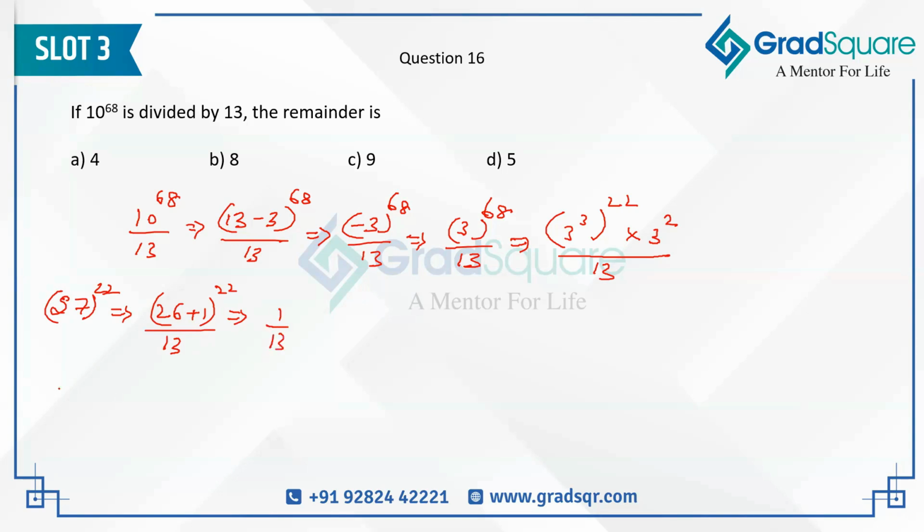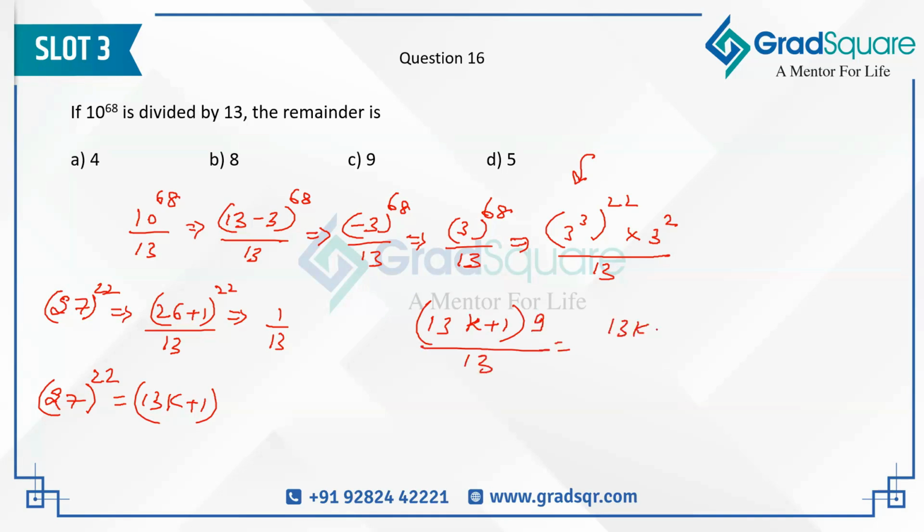So, can I not simply say that 27 to the power of 22 must be of the format 13k plus 1. Now replace it over here: 3 cube to the power of 22, which is effectively 27 to the power of 22, which we will say 13k plus 1 multiplied by 3 square, 9, divided by 13.